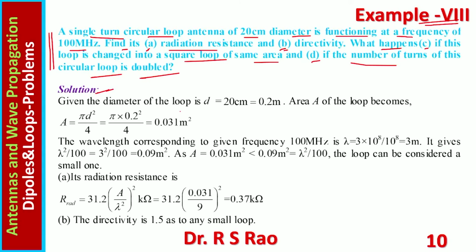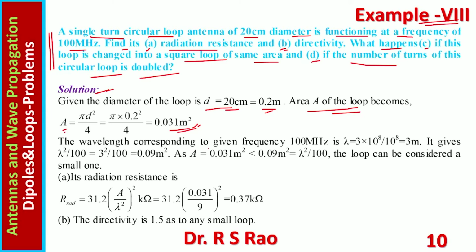Solution. Given the diameter of the loop is 20 cm, 0.2 meters. Area of the loop then becomes 0.031 meters square. Area is pi d square by 4. d is diameter. Diameter is 0.2 meters. So substitution gives A as 0.031 meters square.